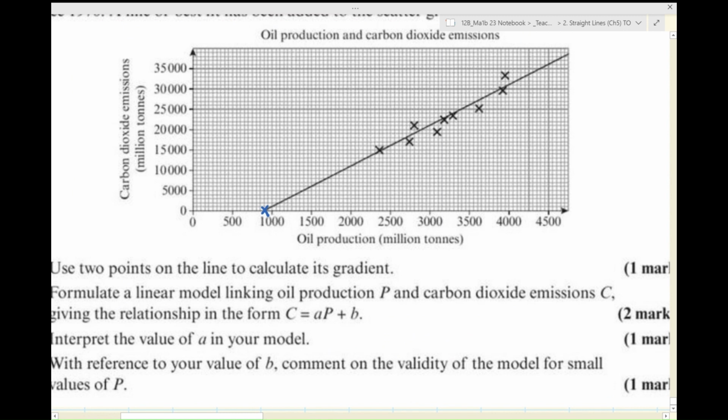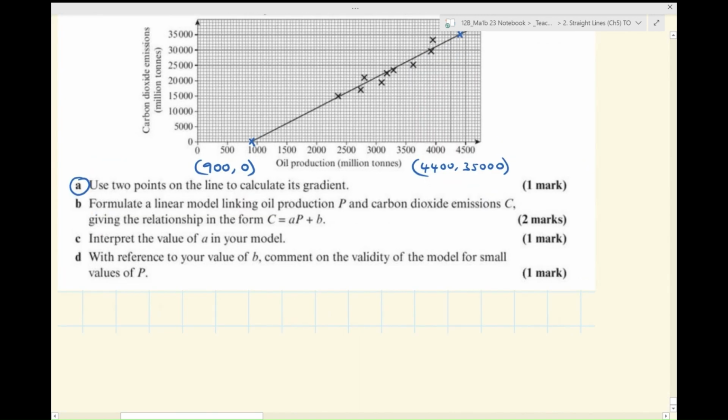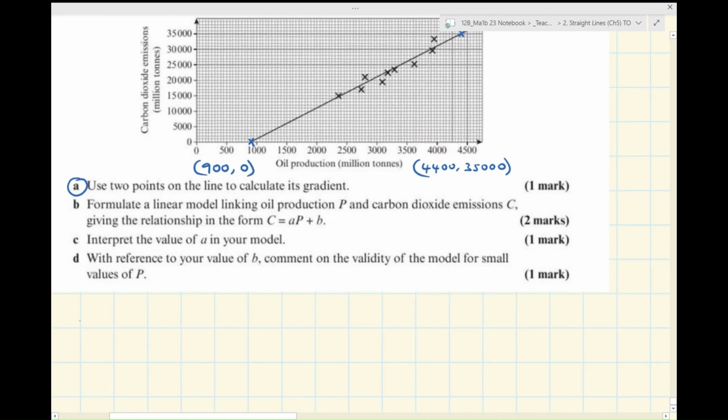First of all, this one, which is just the point (900, 0), and secondly, this one here, which is the point (4,400, 35,000). So I'm going to work the gradient by doing the rise over the run.